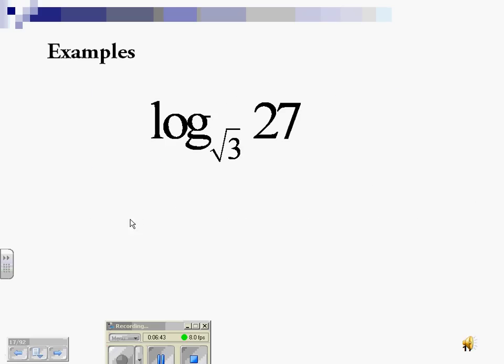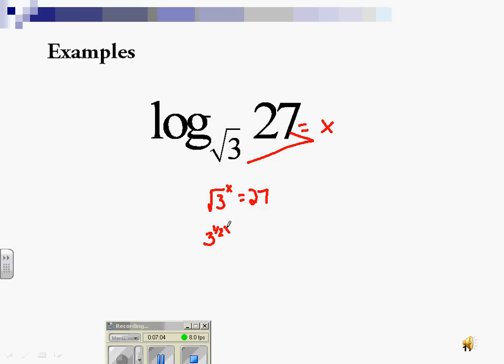Let's do an example. So if I wanted to evaluate this, I would set it equal to x, and I would do the square root of 3 to the x equals 27. And I'd want to figure out what x is. Well, the square root of 3 is 3 to the 1/2, to the x, has to equal 27, which is 3 cubed.